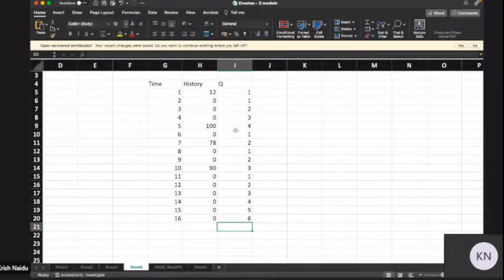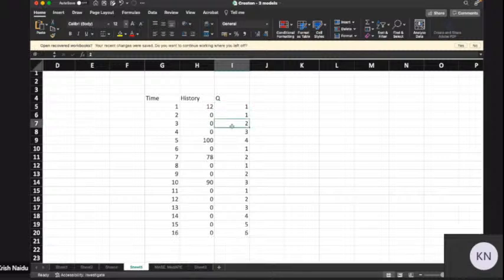So like this, we are trying to calculate how many periods it takes to reach a demand. Like here, in the first we got a demand, but in the next one we don't have a demand. 1 period, 2 periods, 3 periods we took to get, and on the fourth period we have a demand.